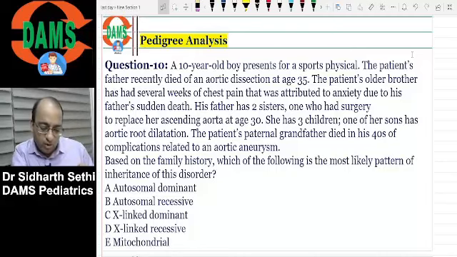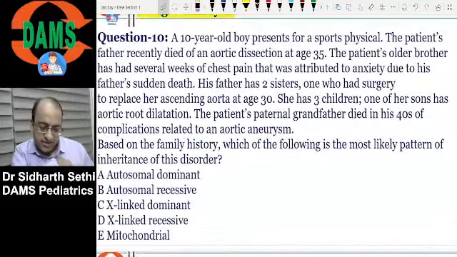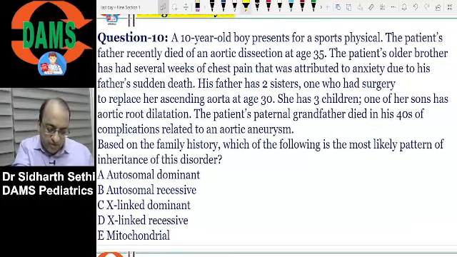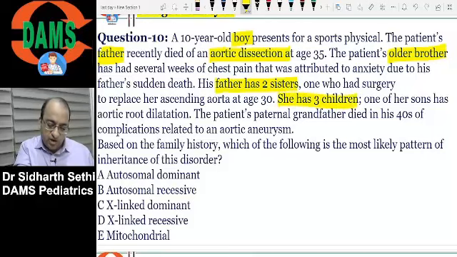So here is a 10-year-old boy whose father died of some aortic problem. His father died of aortic dissection. His older brother also had the same problem of some chest pain. Father's sisters also had the problem, and the sister's children also have the problem.